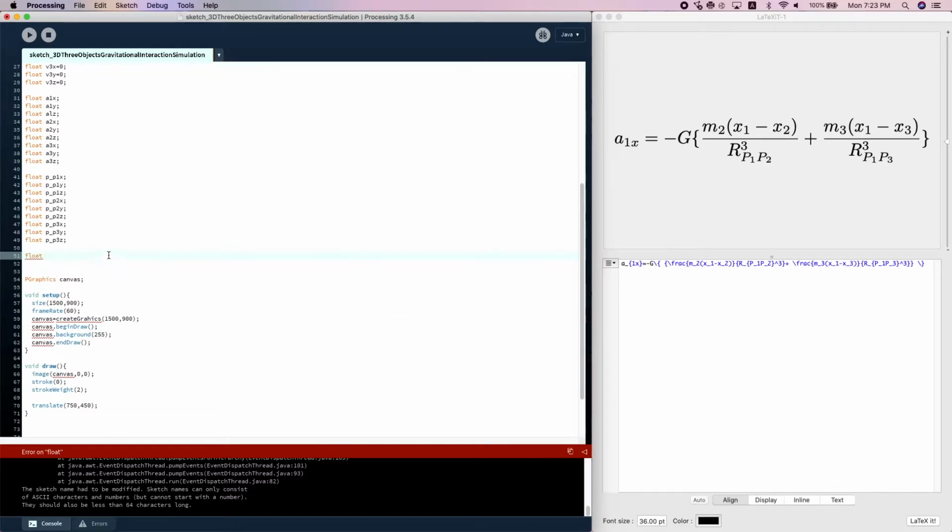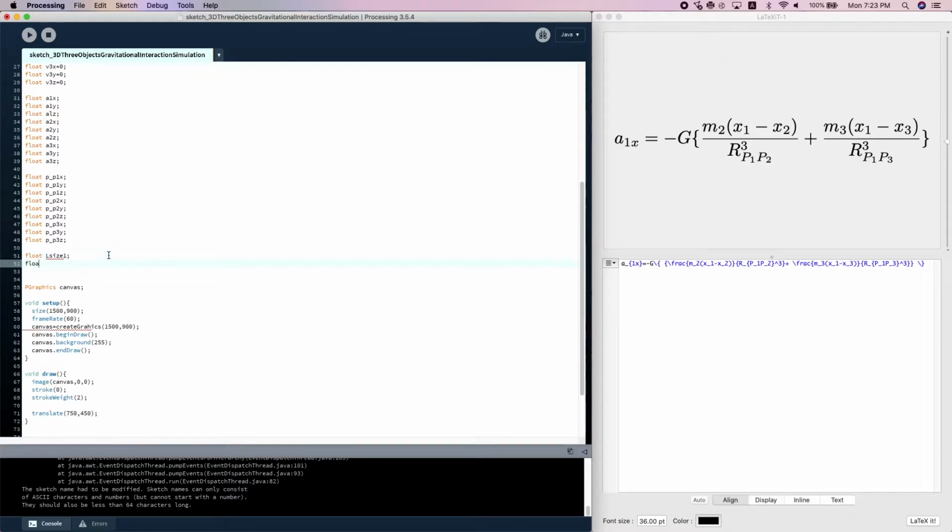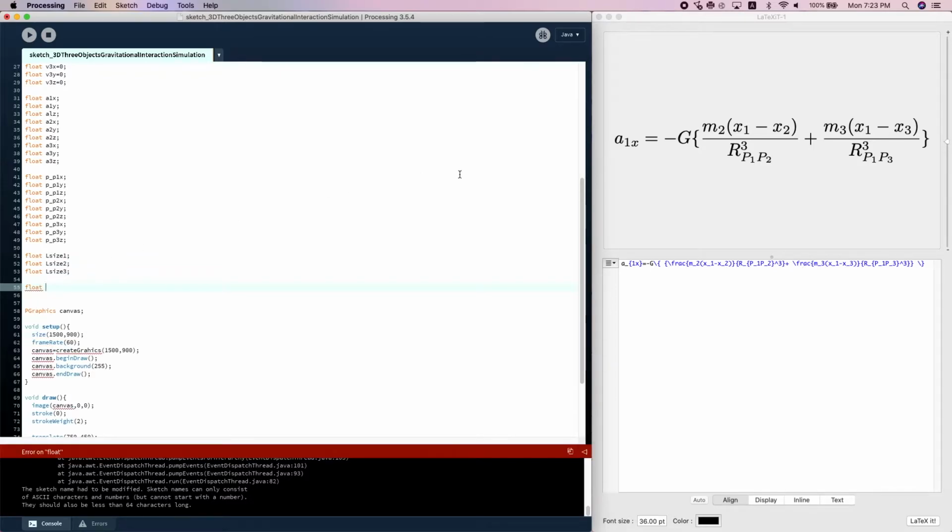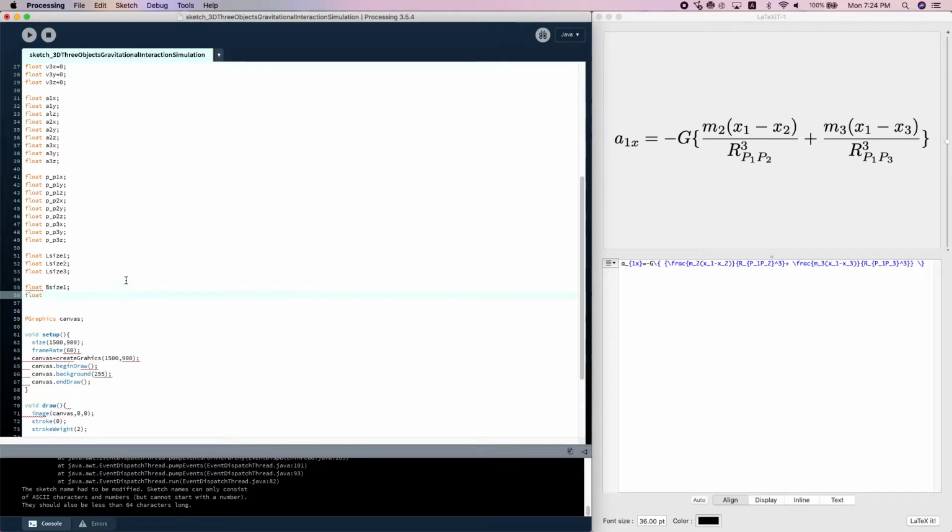To give the illusion that it's a 3-dimensional environment, I'm going to set the line size and ball size to change, so that when the z value of the object is bigger, the line size of the trajectory and the ball size will increase, to give that 3-dimensional feeling, or I'd say illusion.